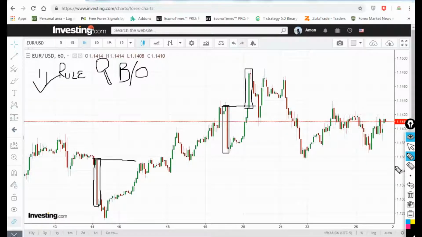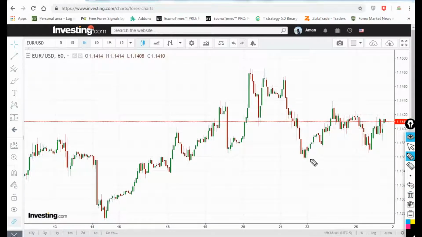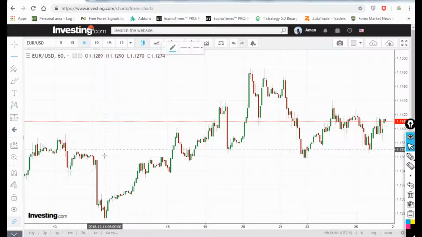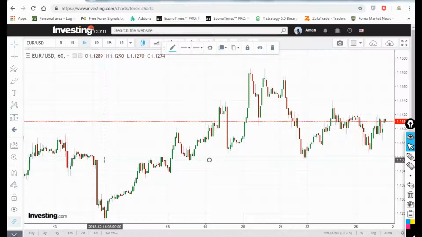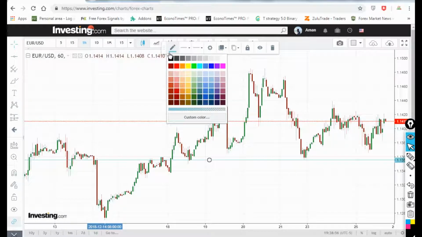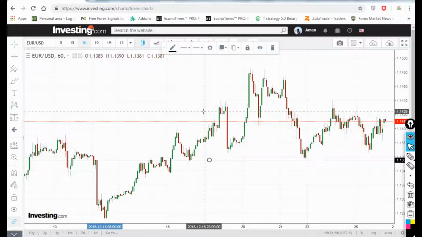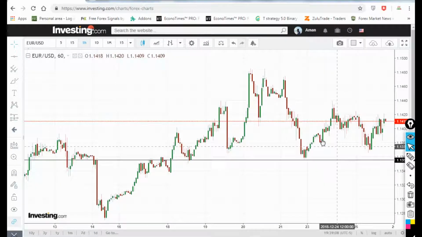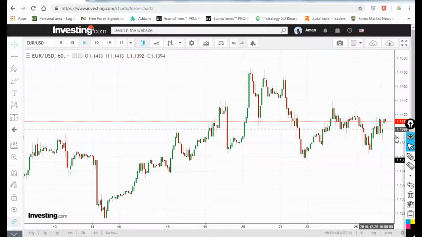Okay, now we go with some practical on it. So let me take some horizontal line here. Okay, now if we see this part and we make it color black, too easy to visible to you guys. Now if we see that this is a support and resistance, so what we see here, I'm just on the current part, the market is running right now.